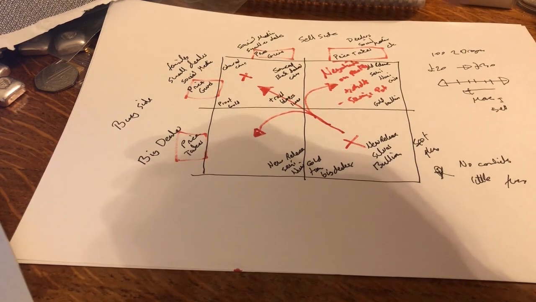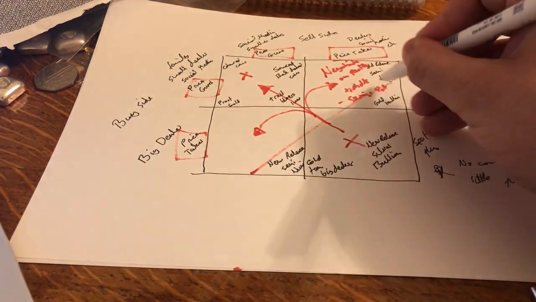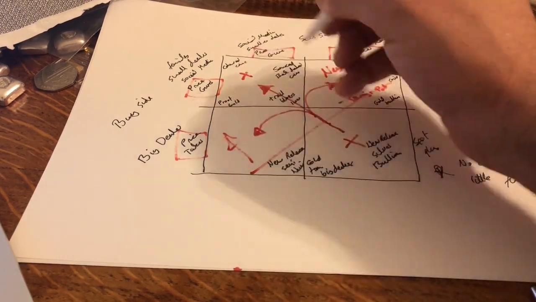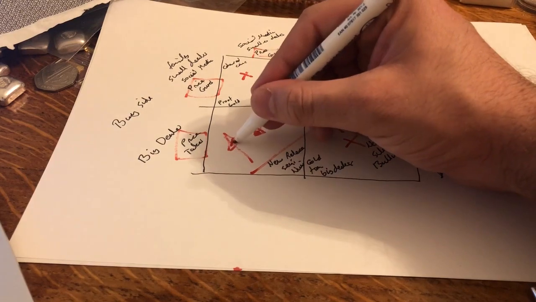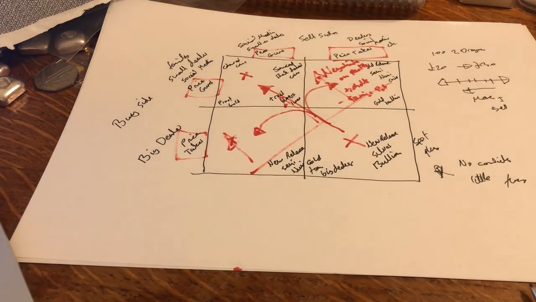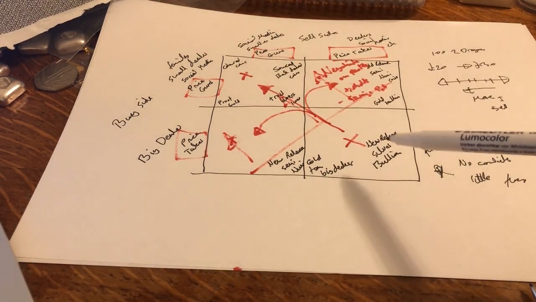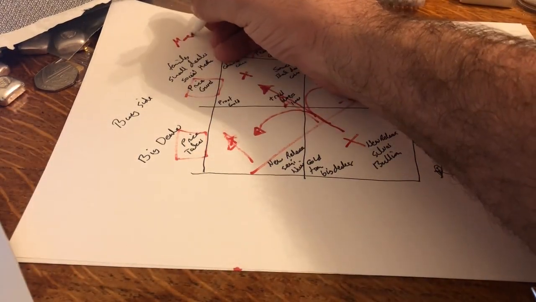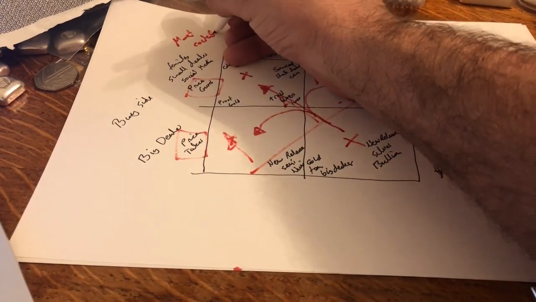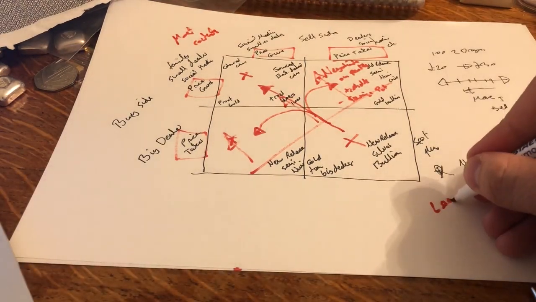So the more skilled you get, that's where you want to be. You don't want to be here. So most contacts, least contacts.